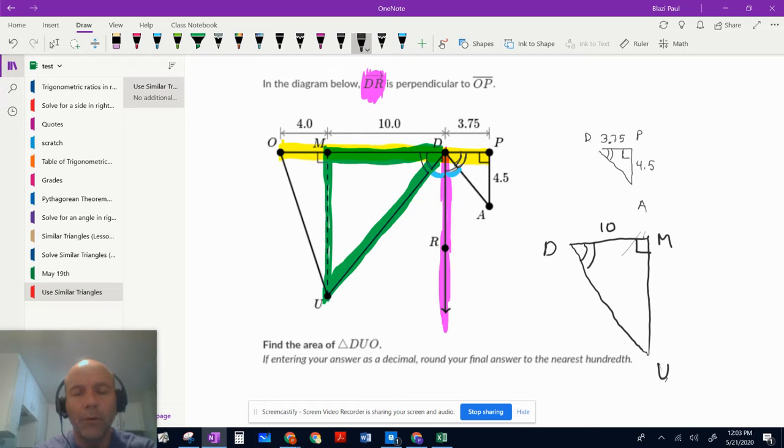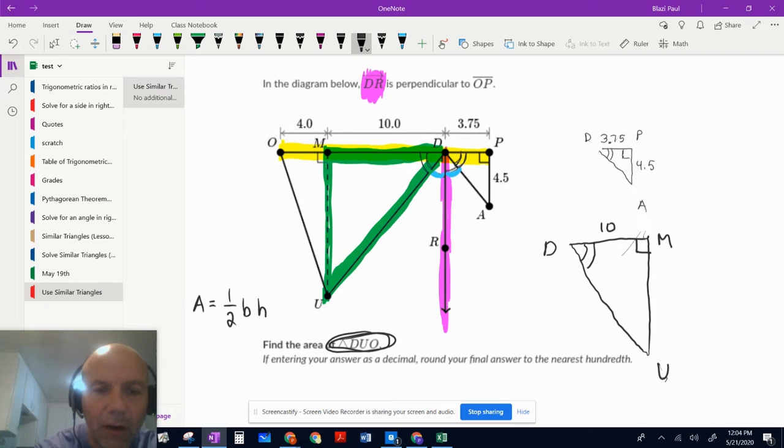And what we're looking for, I believe, it says find the area of triangle DUO, if you look at the question down here, right? And we know that the area of a triangle equals 1/2 times its base times its height, right? So we're looking for the area of triangle DUO, and we know that the base of DUO is right here.